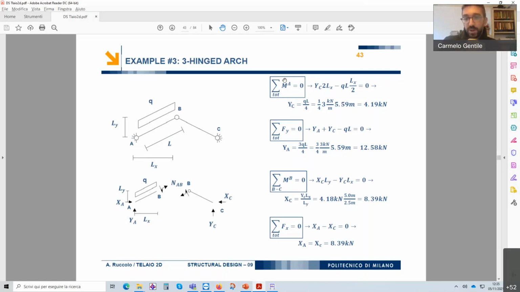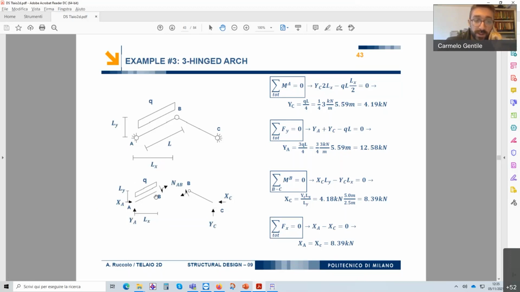So the first equation, that I don't want to go into details, is the moment of all the forces of all the system with respect to node A, so that XA has 0 lever arm, YA has 0 lever arm, XC has 0 lever arm, because they are all passing through node A, whereas YC has a lever arm equal to 2Lx, so 10 meters.